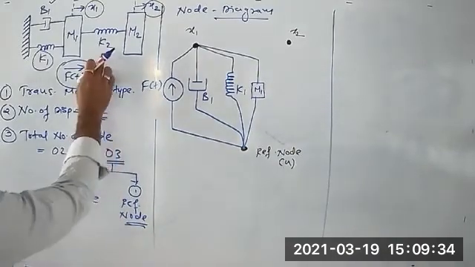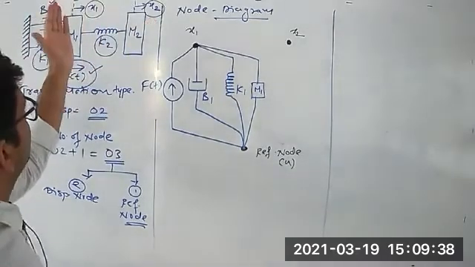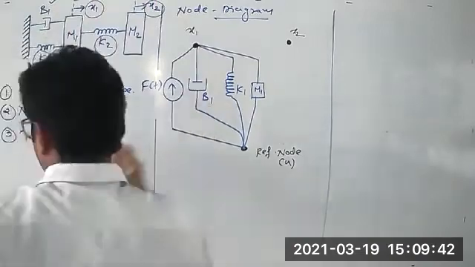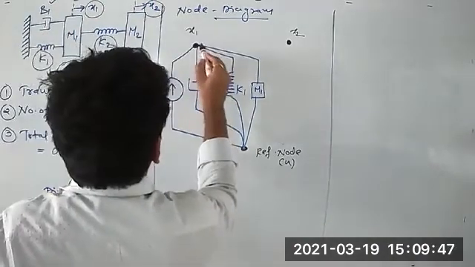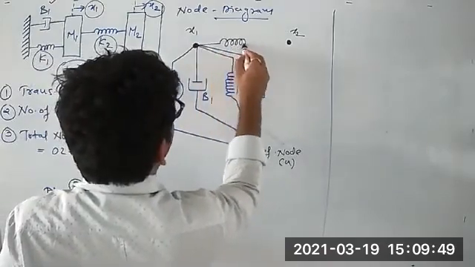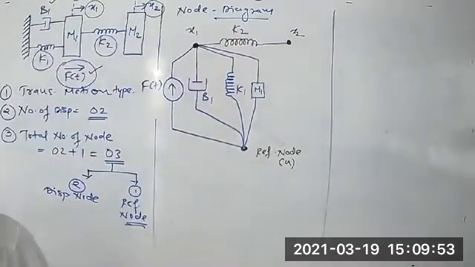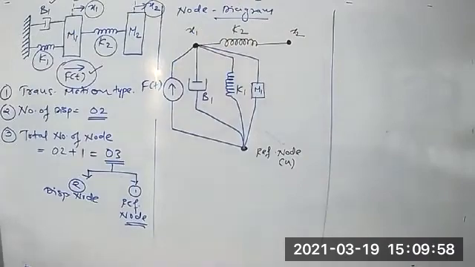Somewhere over here I am indicating that, so this indicates capital M1. And if you see this diagram, here we have spring constant K2, which is connected in between the first displacement node and the second displacement node. So somewhere over here we need to indicate spring constant K2 in between the first displacement node and the second displacement node.